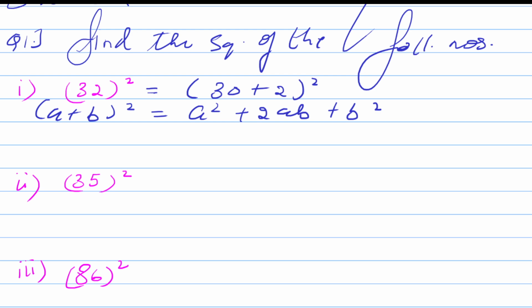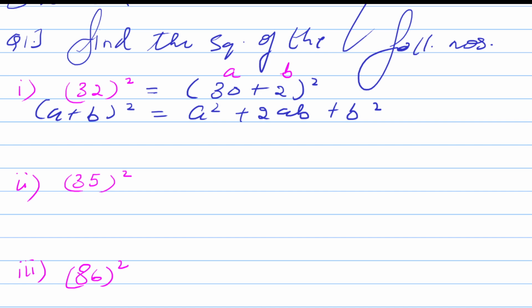This bracket 30 plus 2 whole square looks very much like a plus b whole square, in which you can say 30 is a and 2 is b. If you want to take 2 as a and 30 as b, or write it as 2 plus 30, that is also okay, since they are only numbers and there are no variables.